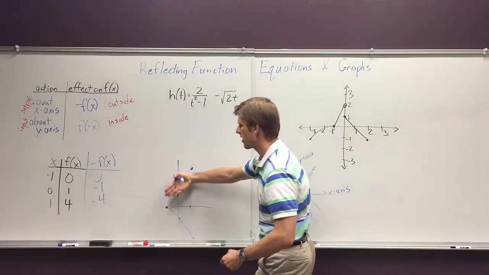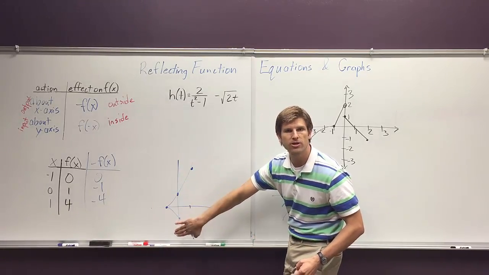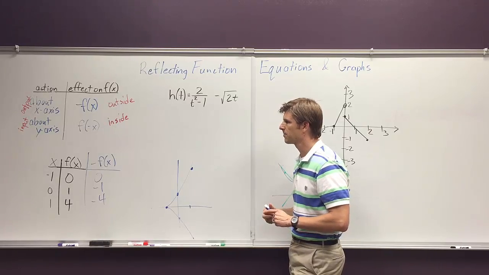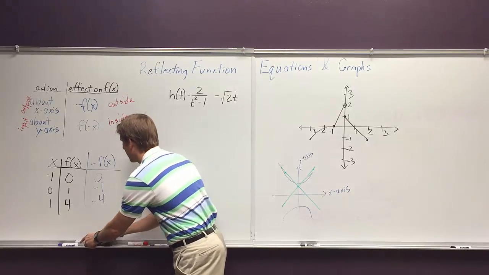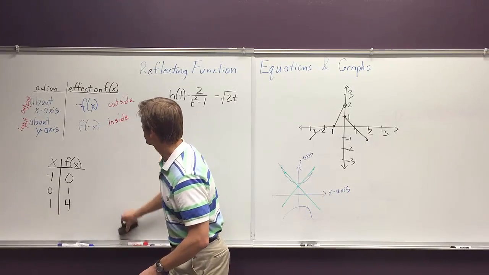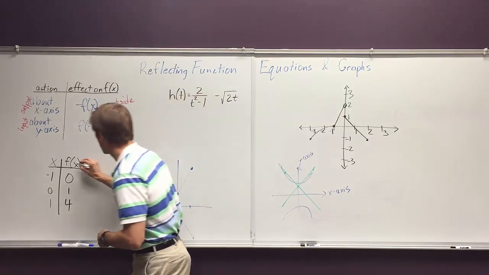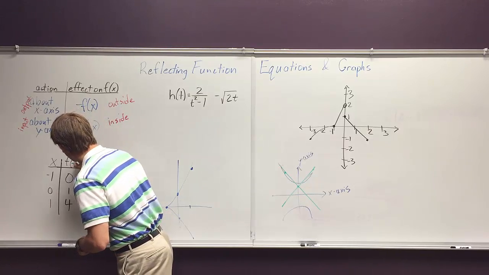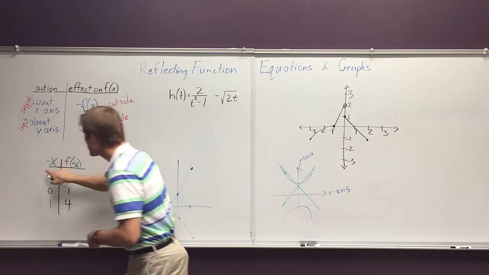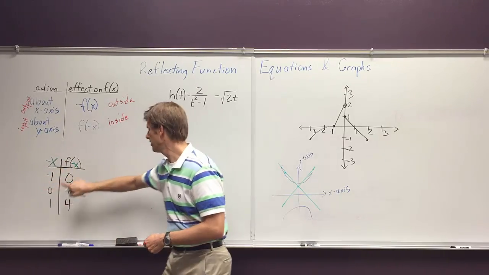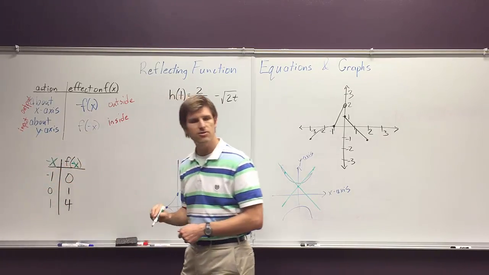This graph got reflected about the x-axis. On the flip side, what would happen if we put a negative sign inside, so it's now negative x? If negative x is negative 1, then f of negative x is 0.